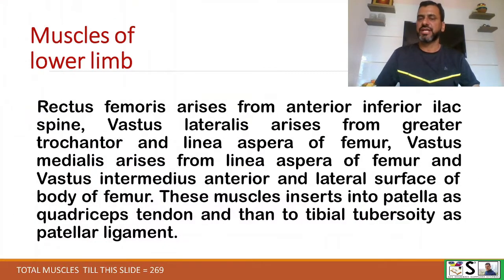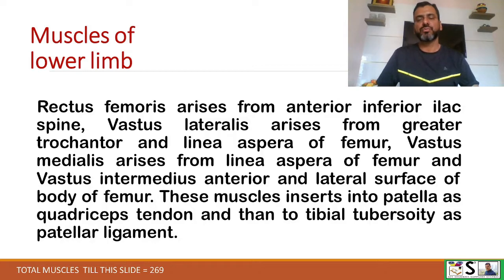Rectus femoris arises from the anterior inferior iliac spine. Vastus lateralis arises from greater trochanter and linea aspera of femur. Vastus medialis arises from linea aspera of femur, and vastus intermedius arises from anterior lateral surface of body of femur.